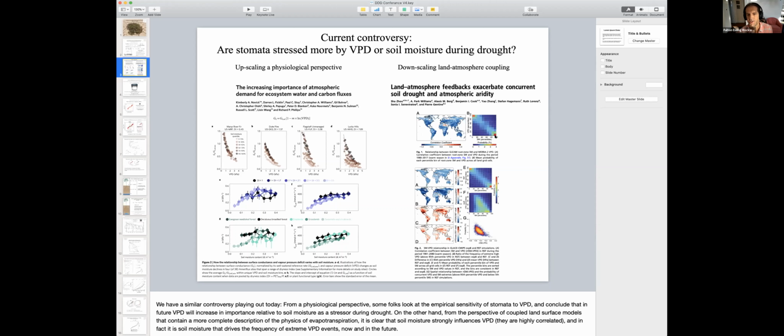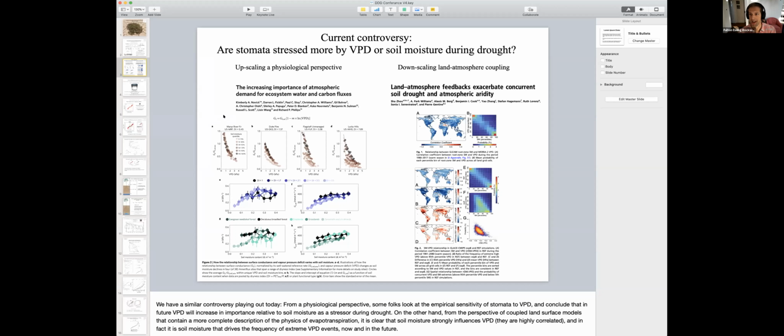So essentially what's going on here is that, yes, high VPD events do stress the heck out of the plants, but you only get those when the soil is very dry. And part of the reason why you get these high VPD events is that plants aren't transpiring in the first place, you see? So it's a coupled system, it's a cycle, and you have to be mindful of those feedbacks.